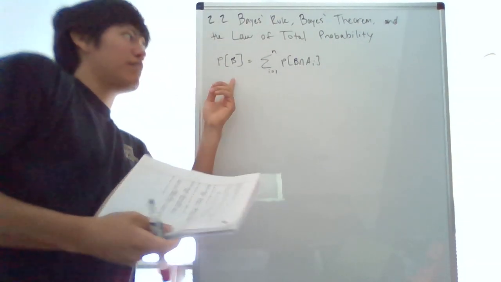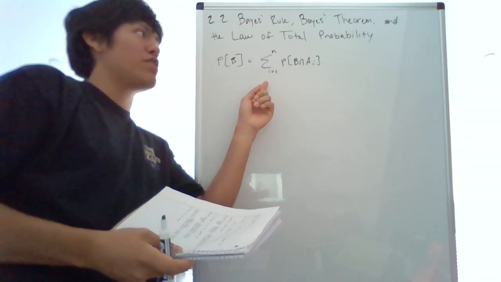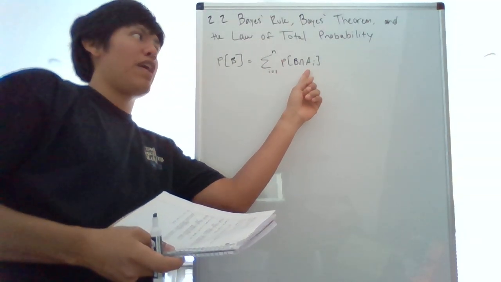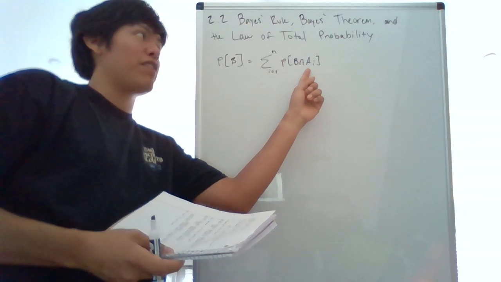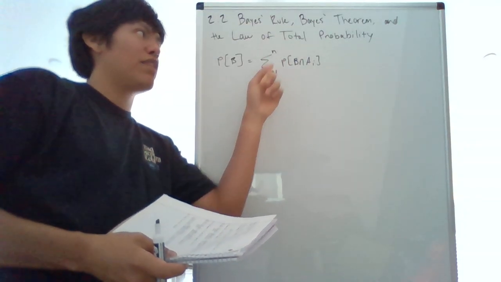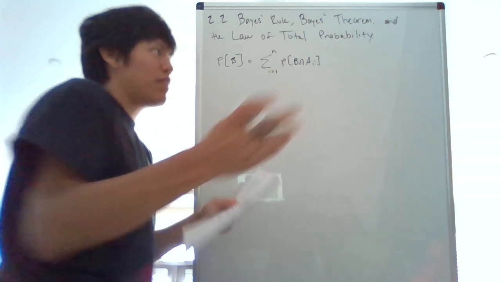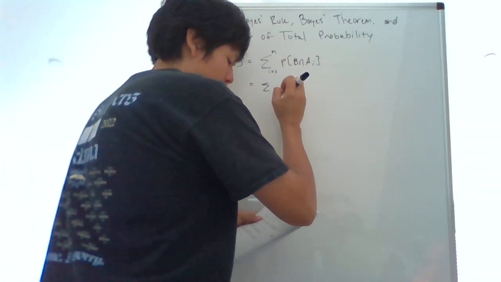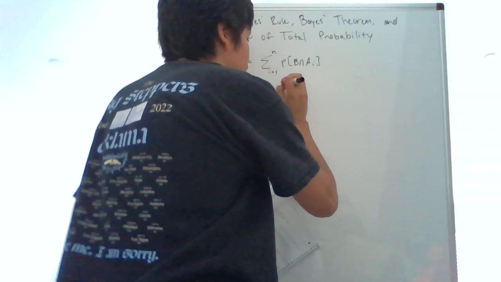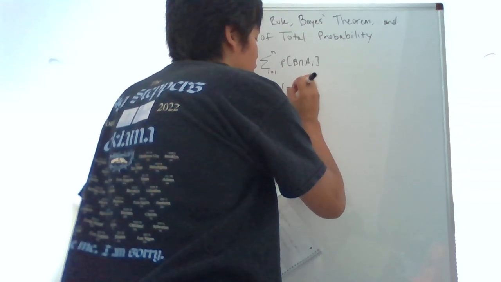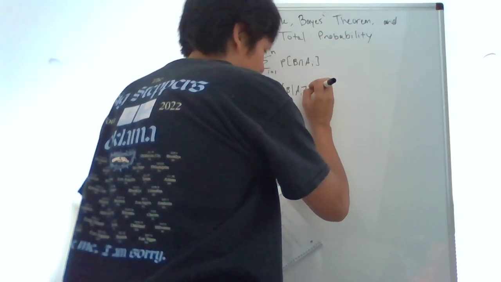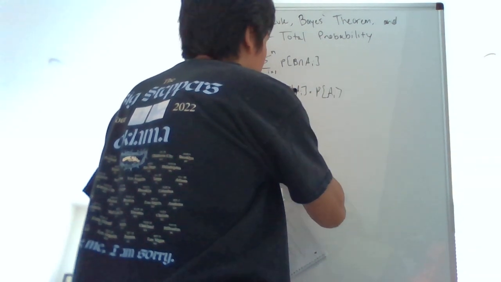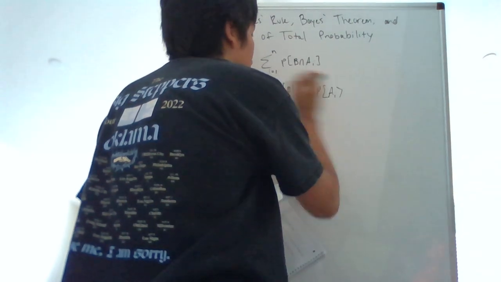So the probability of B is the sum of all the intersections between B and all the events A sub i. And that can also be written as the total sum of the probabilities of B given A sub i times the probability of A sub i, where i goes from 1 to n.